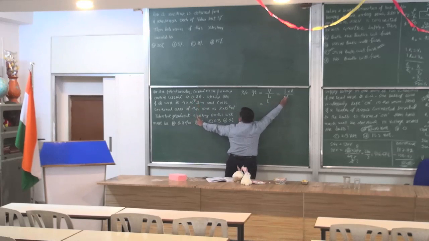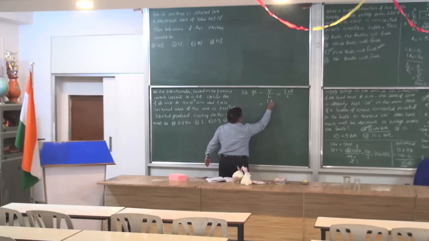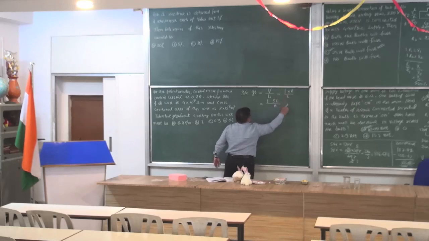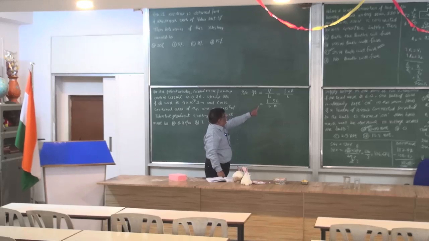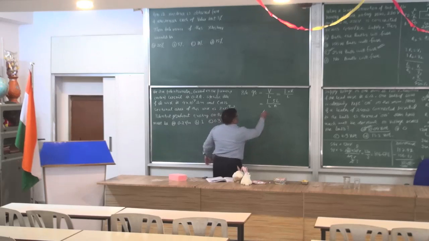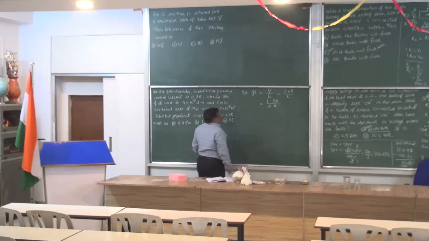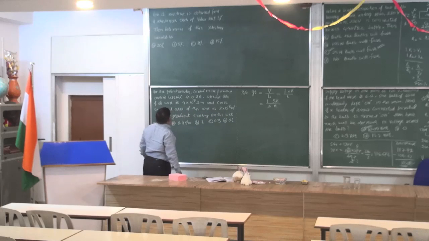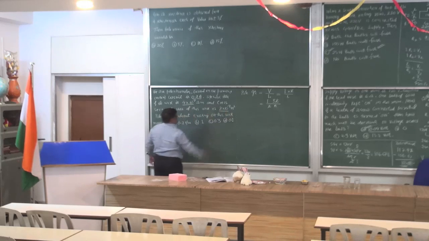So we will keep it I. Resistance is not given, so we will write the formula of resistance, that is rho L upon A. And this L is here. So I into rho into L upon A, L is cancelled. I rho into A. What is rho? Resistivity, specific resistance, given. I given. A, area of cross section, it is given. If these three things are given, you can find it.